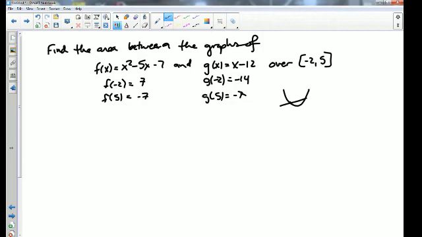So if they're equal to each other, this is the surefire way every time to get these intersection points, if there are any. All right. So x squared minus 5x minus 7 equals x minus 12. Set them equal to each other and solve.